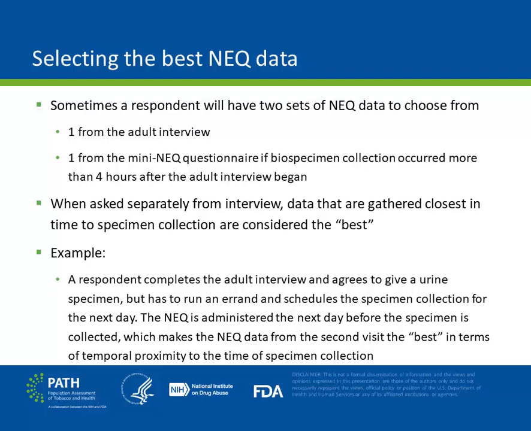Example: a respondent completes the adult interview and agrees to give a urine specimen, but has to run an errand and schedules the specimen collection for the next day. The NEQ is administered the next day before the specimen is collected, which makes the NEQ data from the second visit the best in terms of temporal proximity to the time of specimen collection.